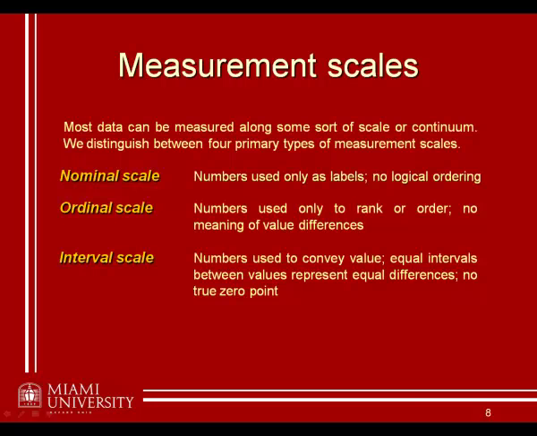The most common example of an interval scale is Fahrenheit or even Celsius measurement of temperature. When it's 80 degrees outside, that doesn't mean it's twice as hot as 40 degrees, and 160 isn't twice as hot as 80 degrees. But a move from 80 to 85 degrees does mean the same thing as a move from 100 to 105 degrees, or 40 to 45 degrees.